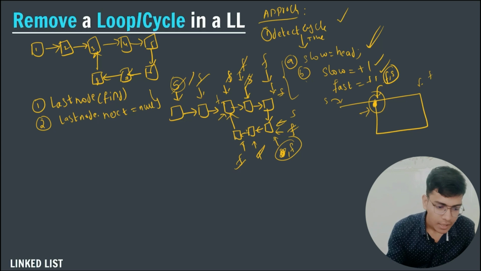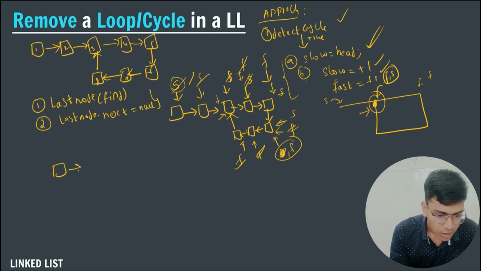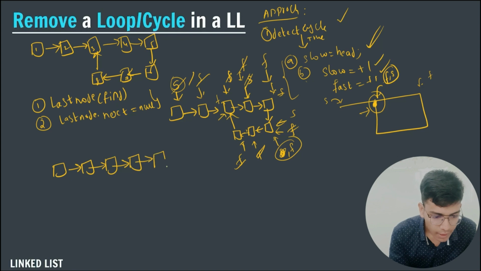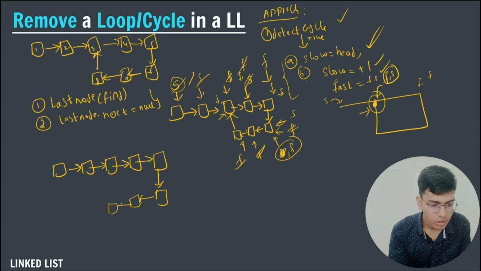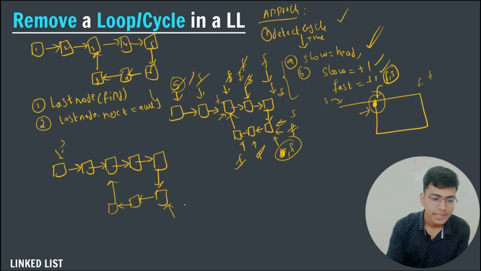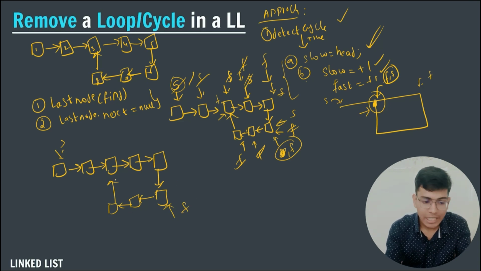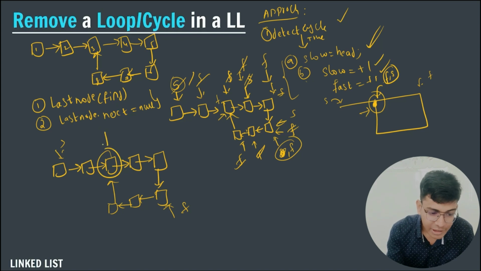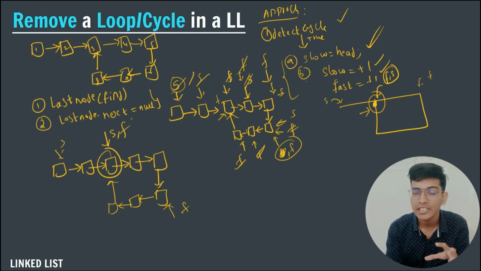So here this is my linked list, right? 1, 3, 4, 5, and this, and it is pointing to this. After moving slow by 1 and fast by 1, they will meet at a particular point, and that point will be my cycle creation point. They will surely meet at this point.